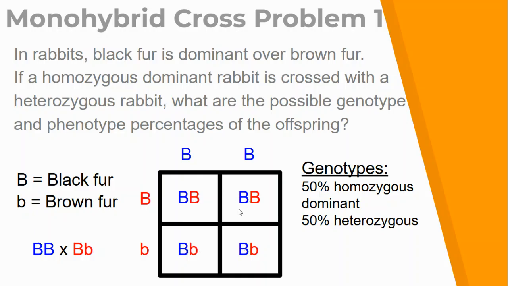Oh, look, all 4, meaning that there's a 100% chance of all the offspring having black fur. The only way that we could have an offspring with brown fur would be that we would need a box that has little b in it, which we do not.